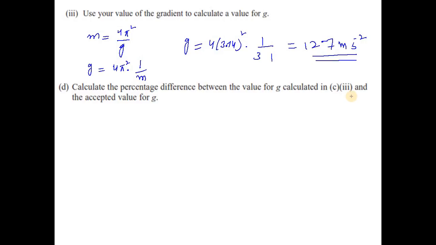Calculate the percentage difference between the value of g calculated in CIII and the accepted value of g.